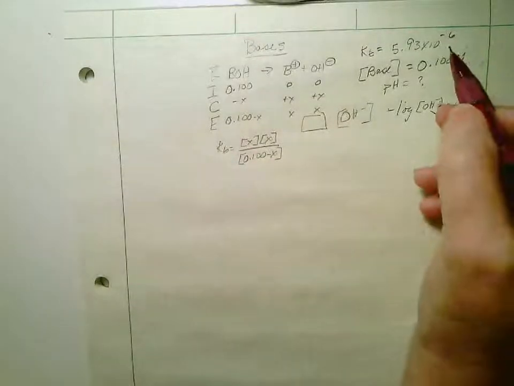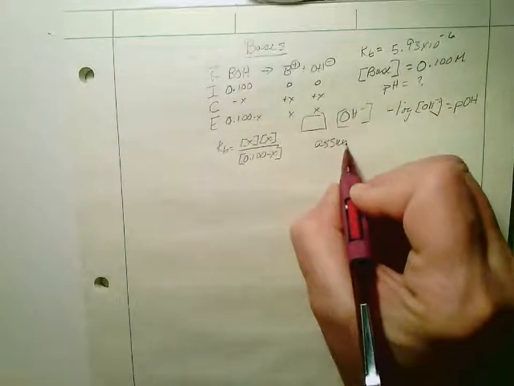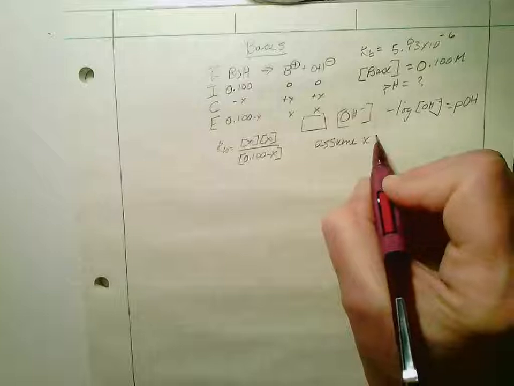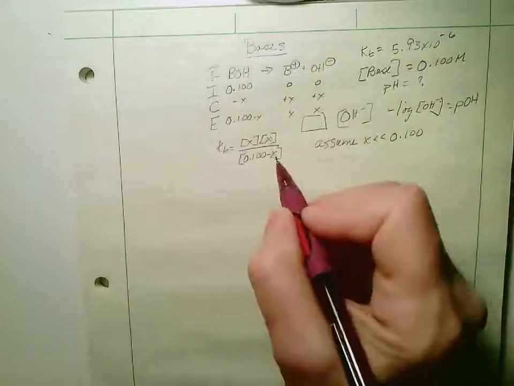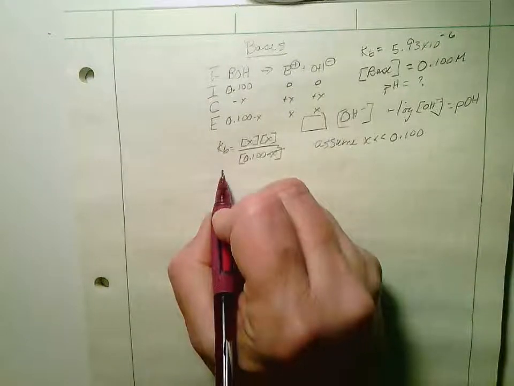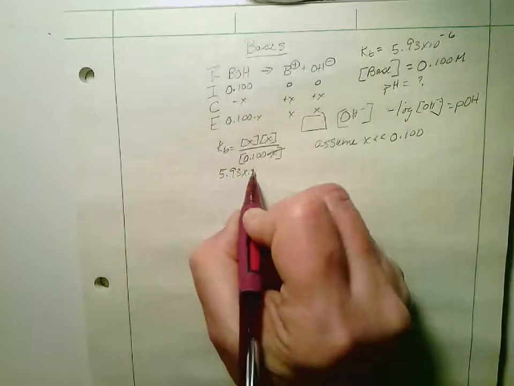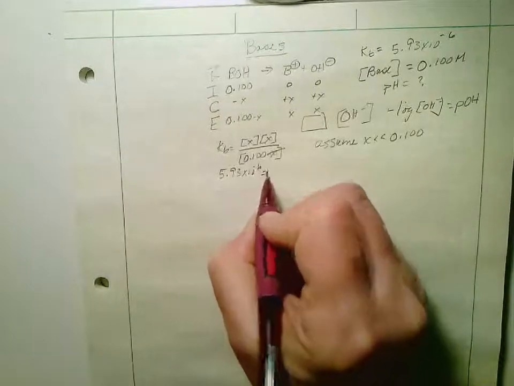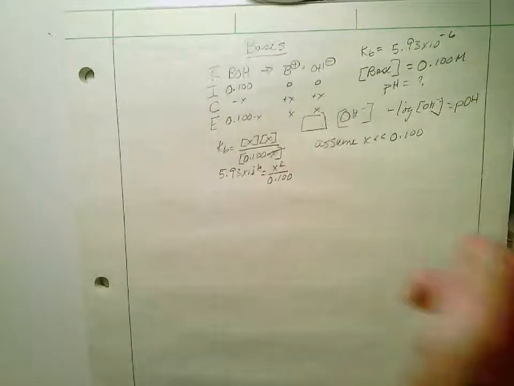And since this number is so small, I'm going to assume that x is much, much smaller than 0.100. So that makes me able to eliminate that x, and so I would get 5.93 times 10 to the negative 6 equals x squared divided by 0.100.